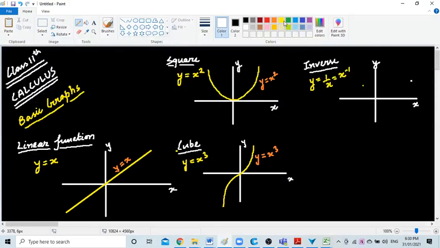Alright, and in order to represent it, we can have it like this and like this. Fine. I think we can draw it in a better way. Can move it more closely, like this. Right, so this is how we can represent y equals 1 upon x.